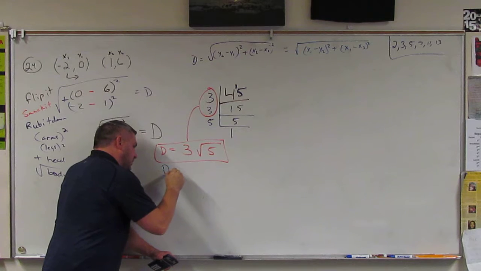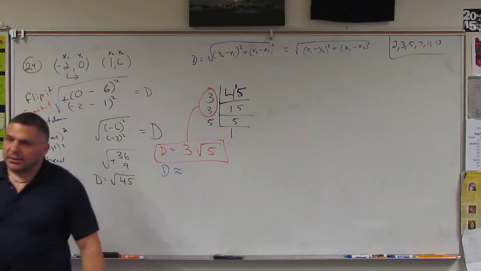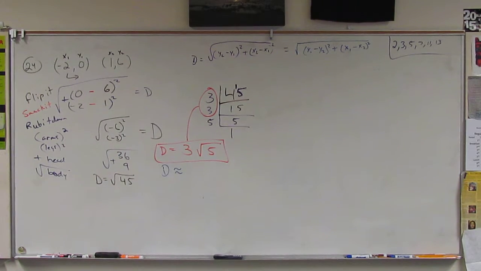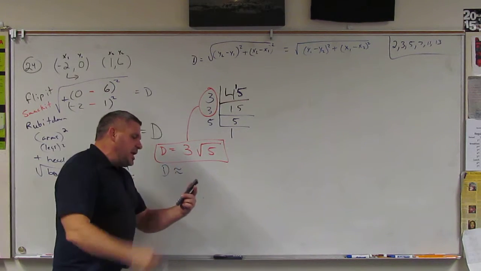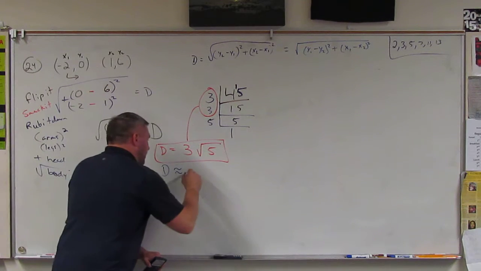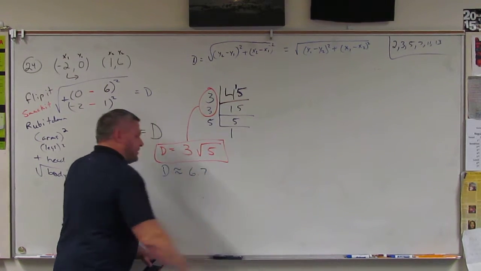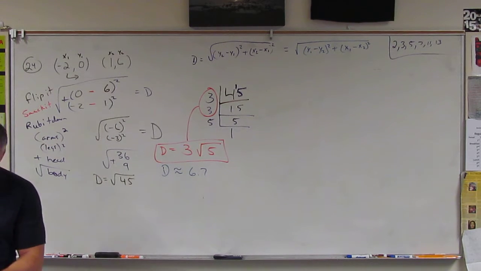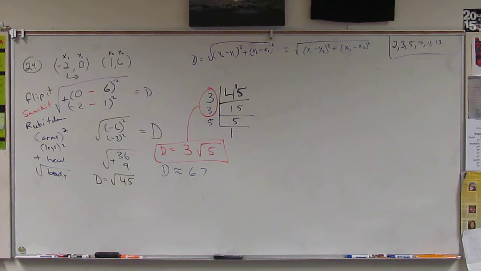This says equals. This is approximate. And symbols are everything in geometry. You have to use these symbols. It does not equal 6.7. It is approximately 6.7.